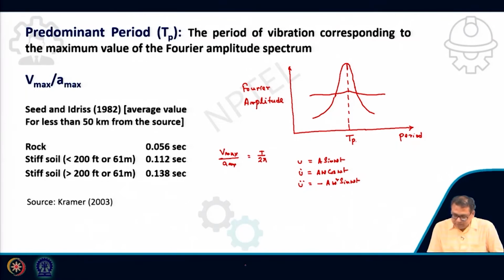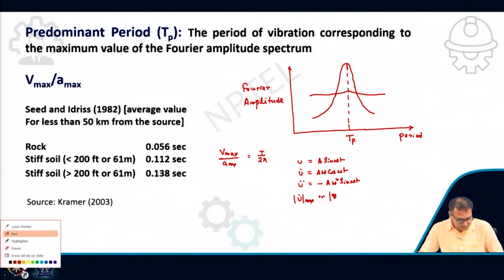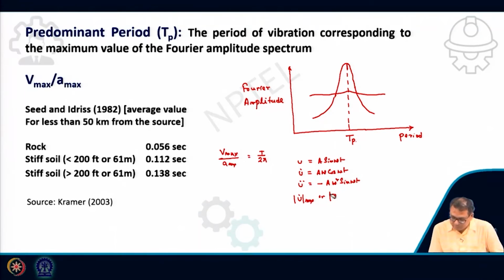So I can write Vmax, the modulus of u dot max, equal to A omega, the maximum velocity, since cos can be 1; I am taking the absolute value.